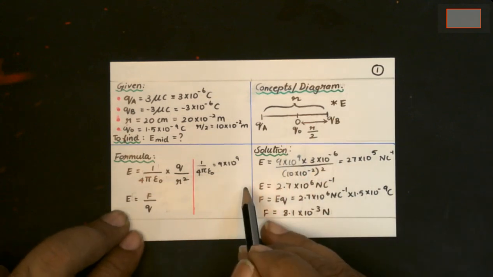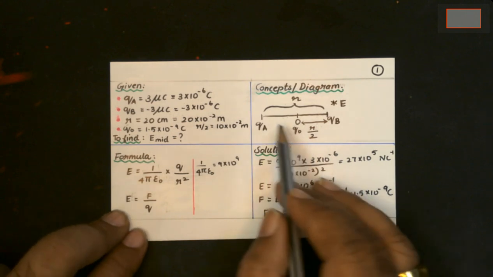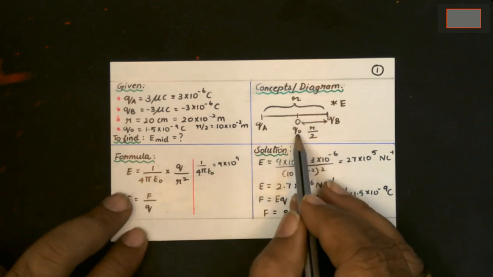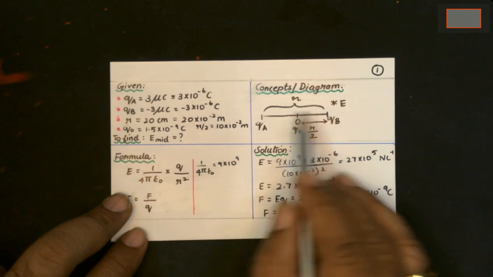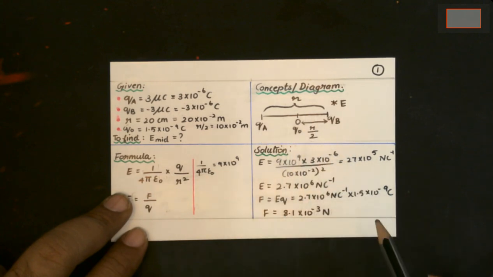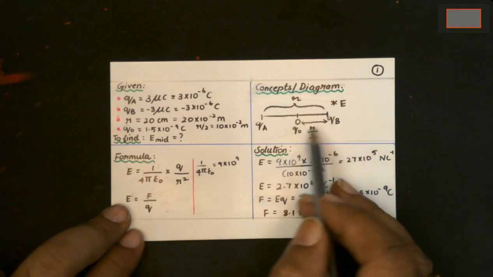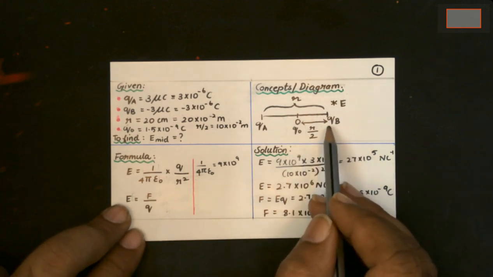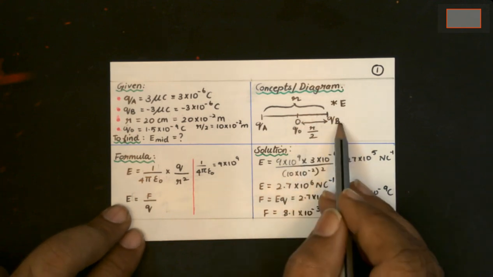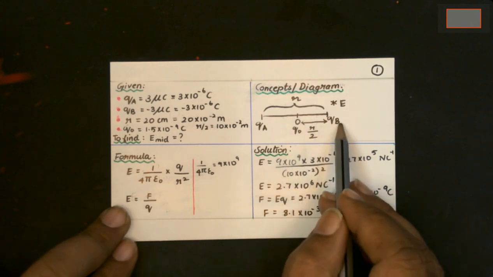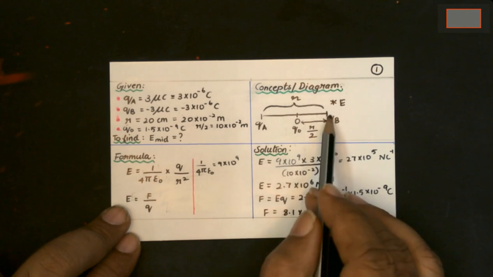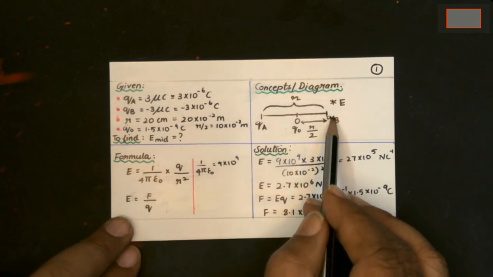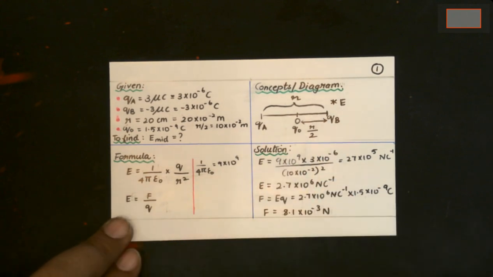Okay, right. So we know QO is at the midpoint, so it should be definitely R by 2. So first of all we can find out the interaction between QO and QB also. Then you have to find out the interaction between this, and based on that we can proceed.